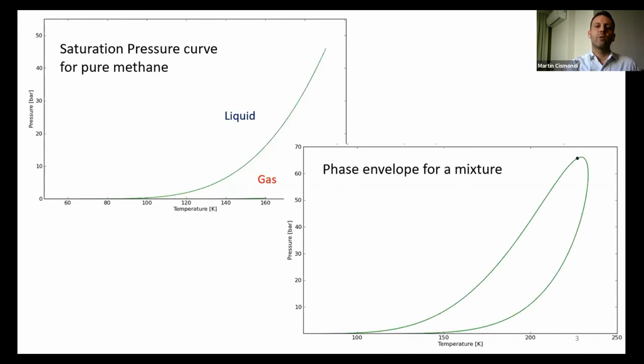And then if we go to a mixture, we have this phase envelope instead of the simple vapor pressure curve. We have bubble points up here, dew points down here, and the liquid-gas separation inside the phase envelope. I guess you are all familiar with this.